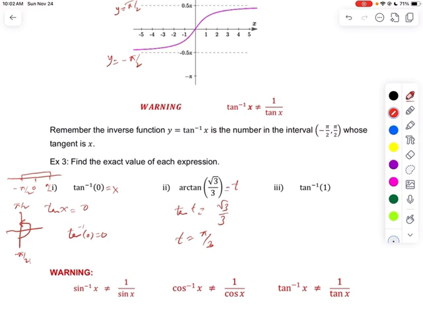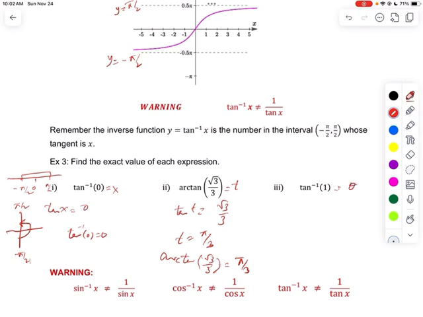So which value do we take? It's easier to look for values between negative pi over 2 and pi over 2, and somewhere here you have 0. So we are looking in this interval, which means our x will be equal to 0. In other words, tangent inverse of 0 equals 0.